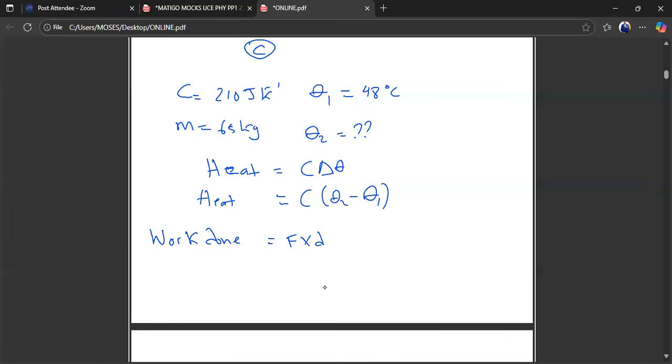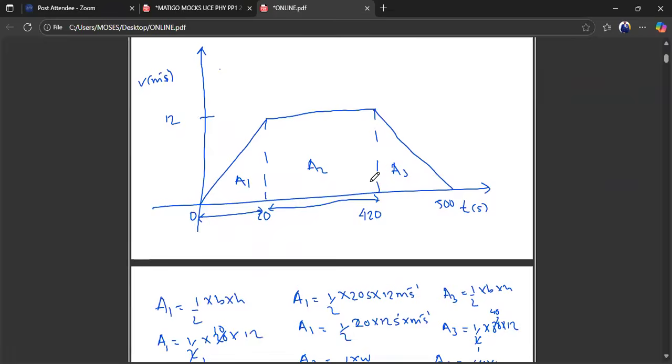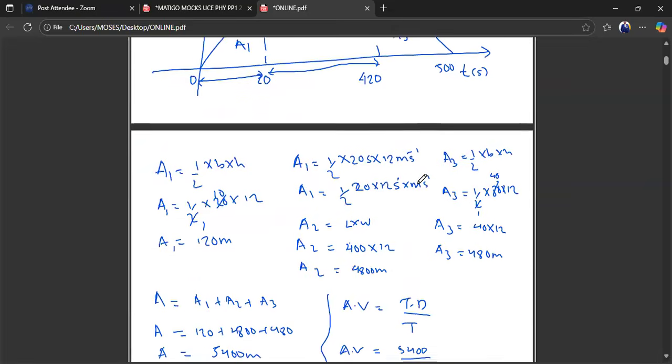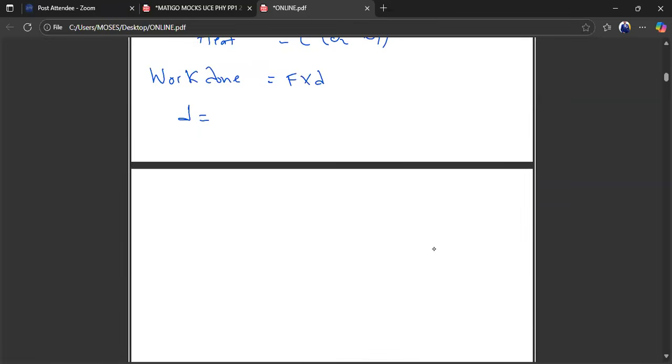But remember, we are looking at the work done during the braking phase. So what does it mean? Our distance D should be the distance covered during the braking. And this distance covered during the braking is here. That is area 3, which is 480 meters. So our distance D is 480 meters, distance covered during the braking.